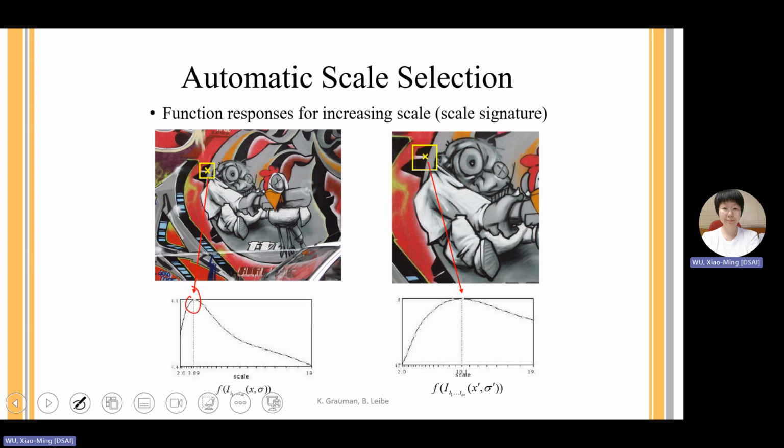And for the right image, it achieves the maximum value at a larger scale. This scale is larger than this one.